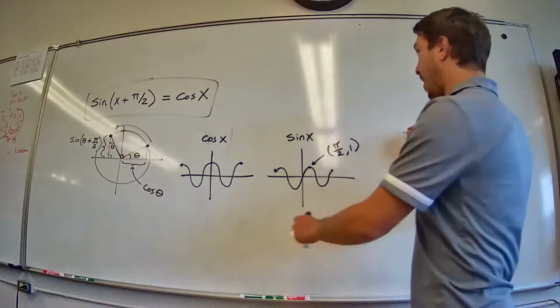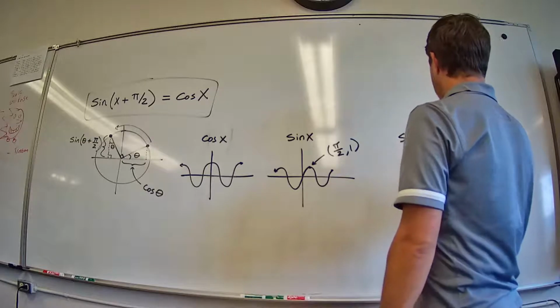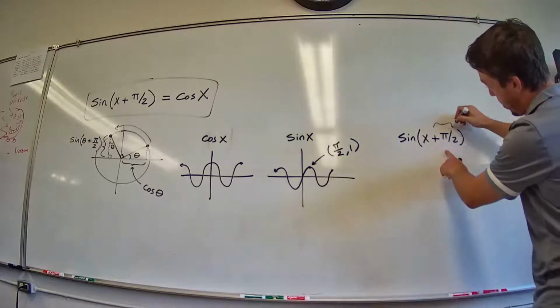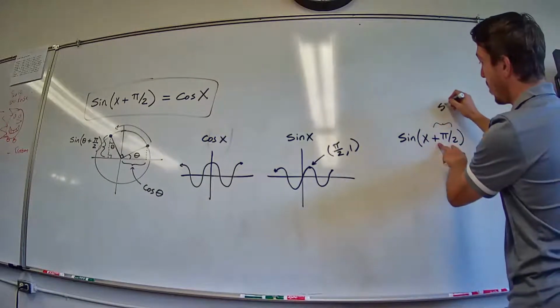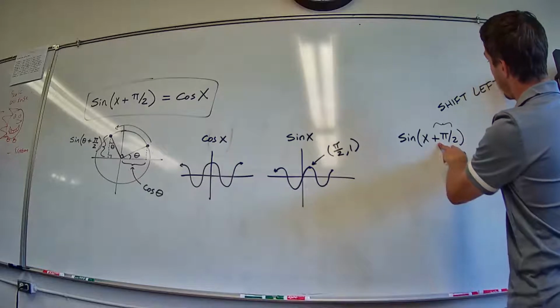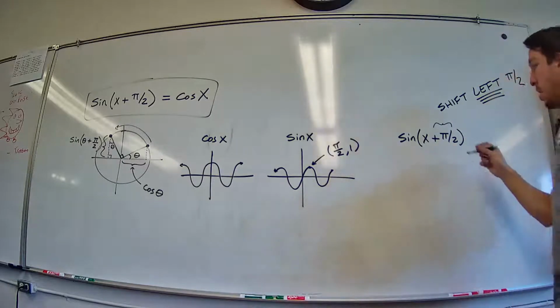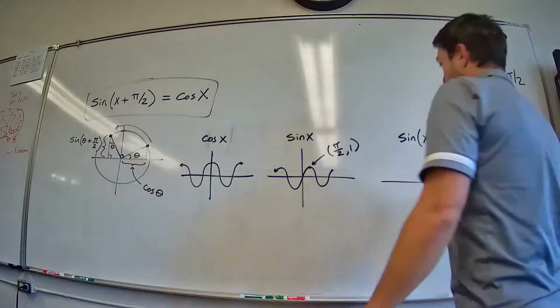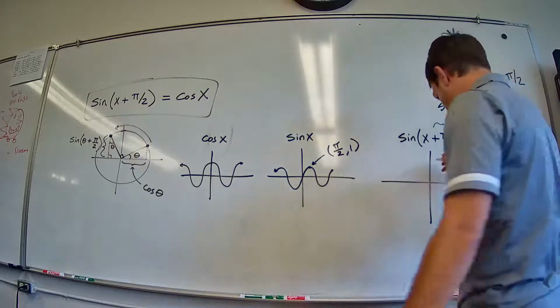So therefore, if you graph sine of x plus pi over 2, this right here, the plus pi over 2, what does that do to the function? Yep. Shifts it left pi over 2 units. Well, if this point shifts left pi over 2 units, where does it live now?